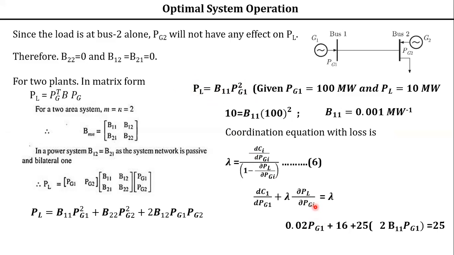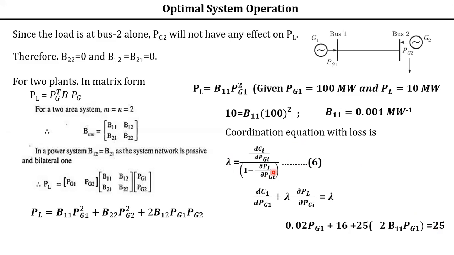Taking the partial derivative, dou PL by dou PG1 is equal to 2 times B11 into PG1. That's what I have written here: 2 B11 into PG1 is equal to lambda. Lambda is given as 25. I think you understood this one.